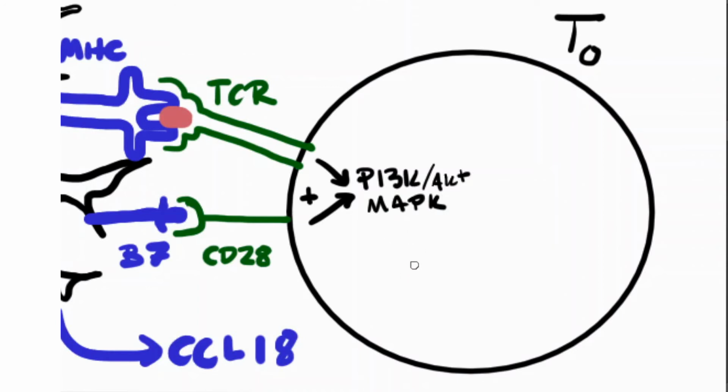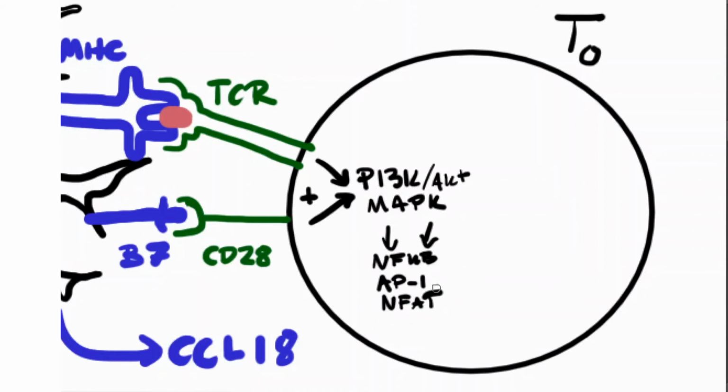And this will lead to a bunch of different stuff. You will get NF kappa B, you'll get AP1, as well as NFAT. And these are basically the most important ones.